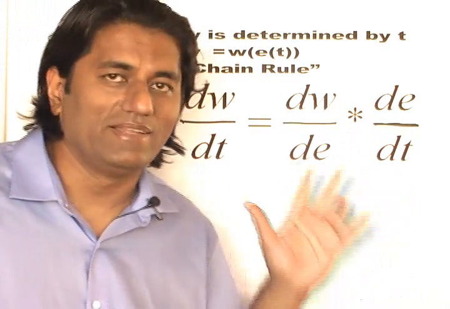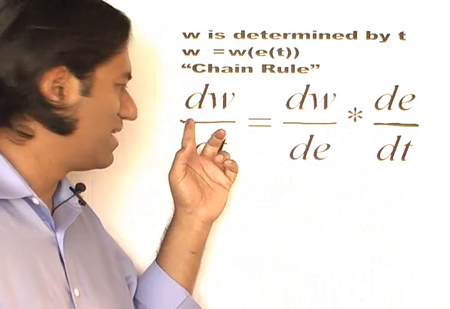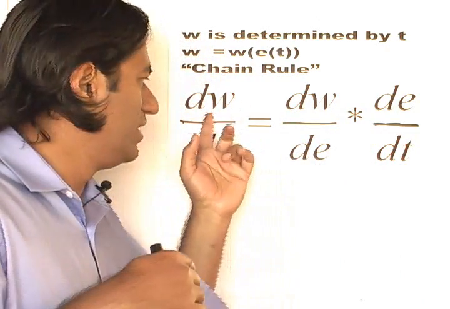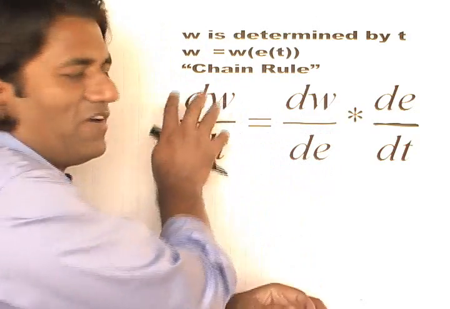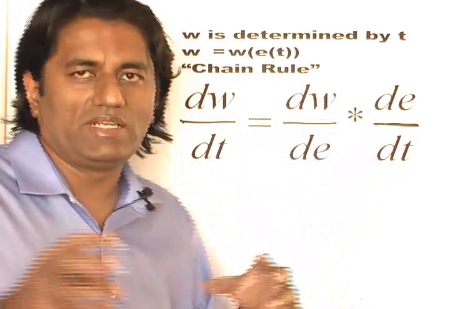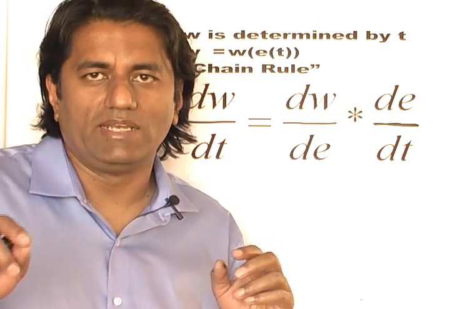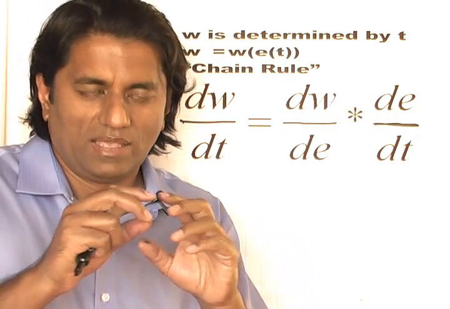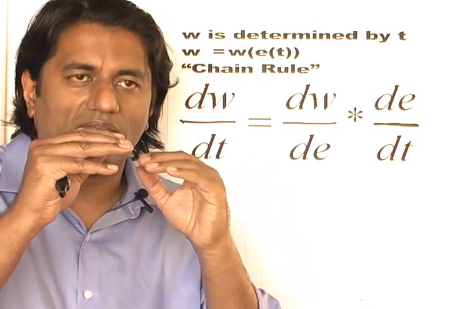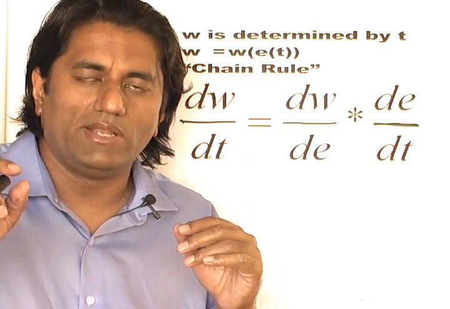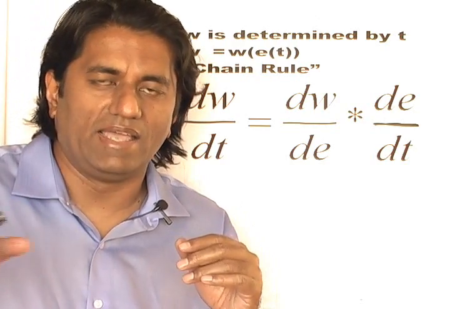But remember, even though it's written like this, this is not actually a division, because this itself is a function. And these derivatives are functions which have been defined in a particular way. They have been defined using limits, as the limit as delta x approaches 0 of delta f by delta x.